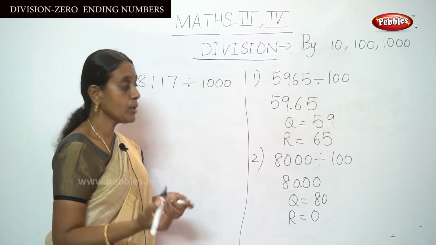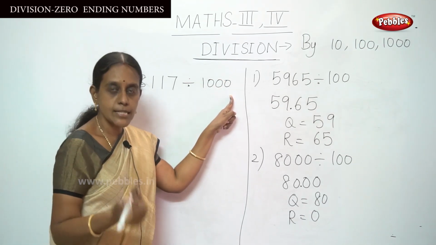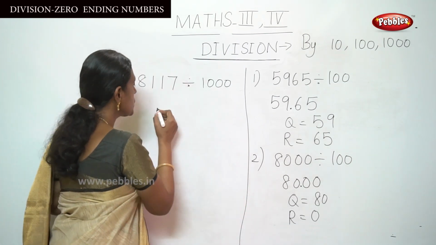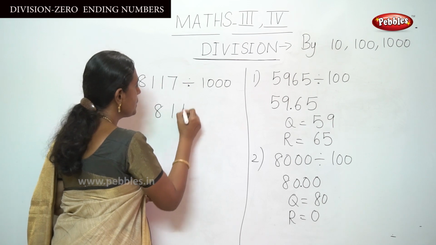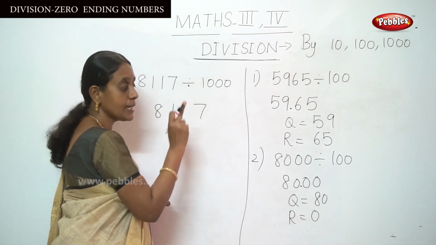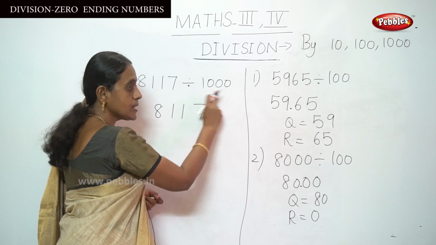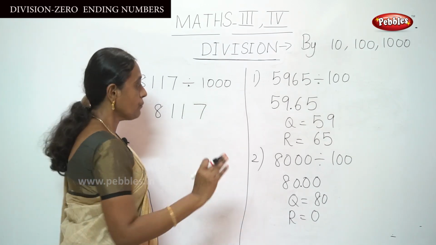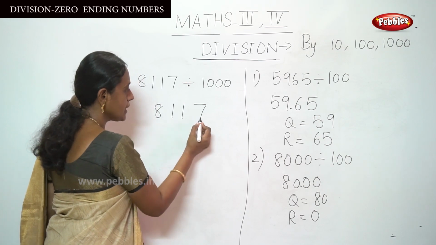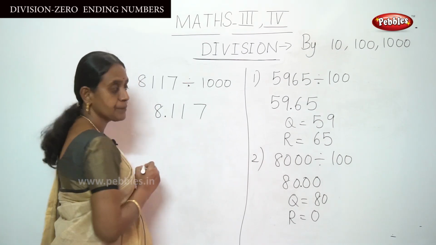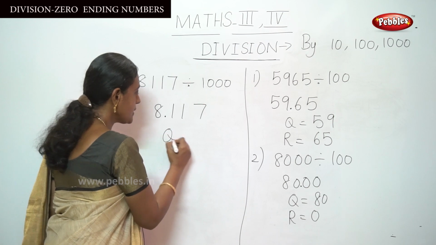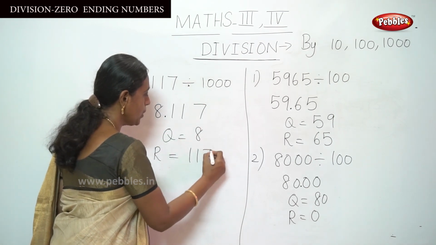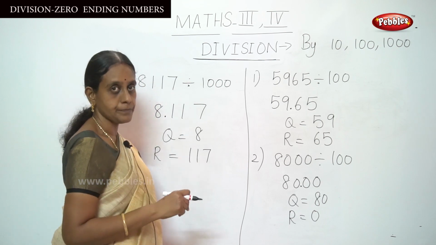This is also the same. You should count the digits. How many zeros are here? Here there are 3 zeros. So 8,117. How many zeros are here, children? There are a total of 3. So from the right towards the left, that is 1 2 3. Okay, so quotient is equal to 8 and the remainder is equal to 117.